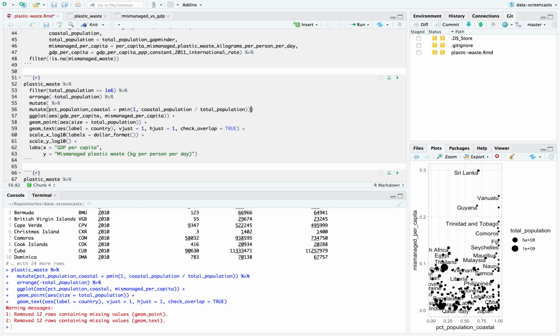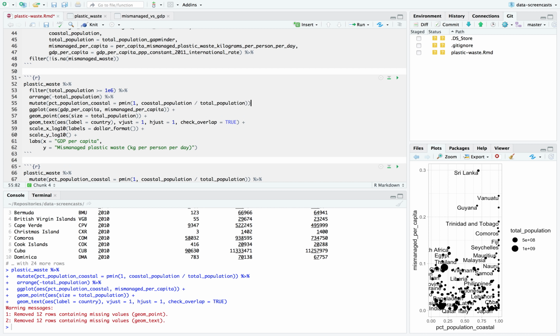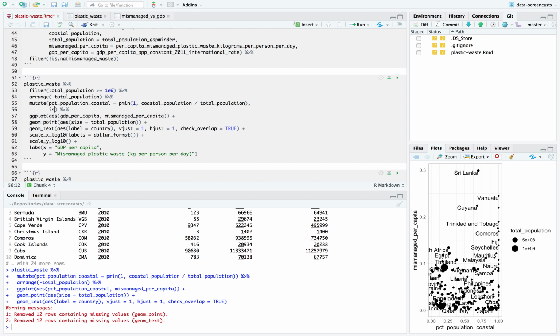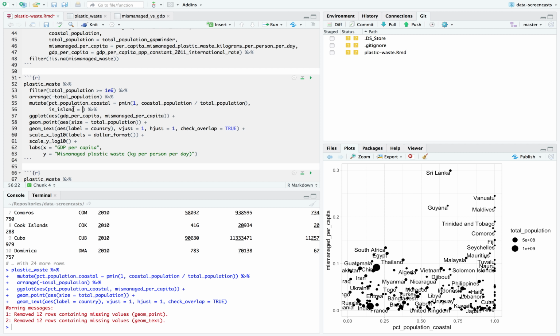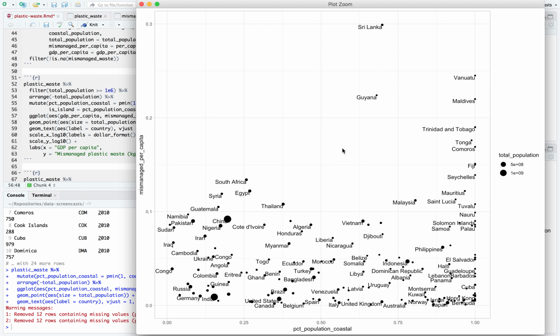So I'm going to add this, and we'll throw in an is-island variable, and we'll say, I don't know, most of, let's say if the percentage population coastal is greater than some amount. I mean, many countries are islands in some sense.